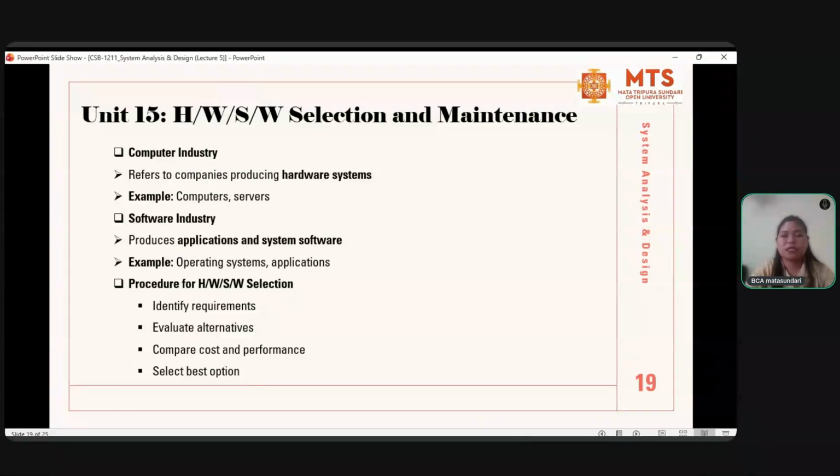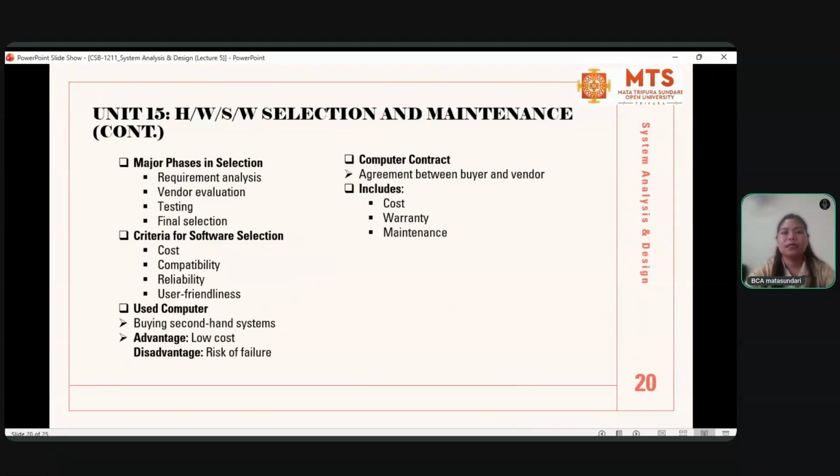Example, operating systems and applications. The procedure for hardware and software selection will be: identify requirements, evaluate alternatives, compare cost and performance, and select the best option. This will be the procedure for hardware and software selection. Next is major phases in selection. What are the major phases?